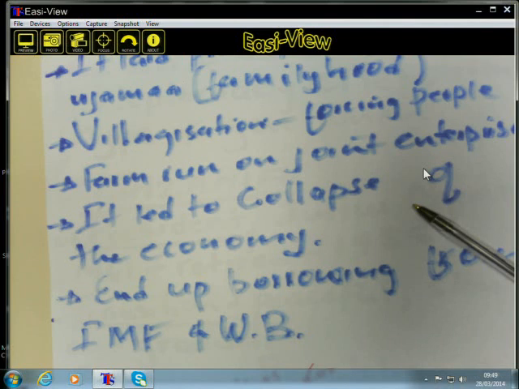And therefore, in conclusion, Tanzania was never successful because it emphasizes self-reliance under the Ujamaa policy, whereby they were going to depend on themselves to make sure that economically Tanzania is developing.